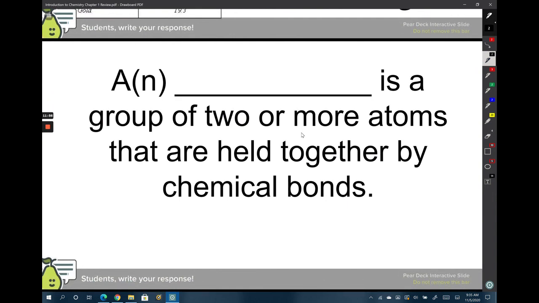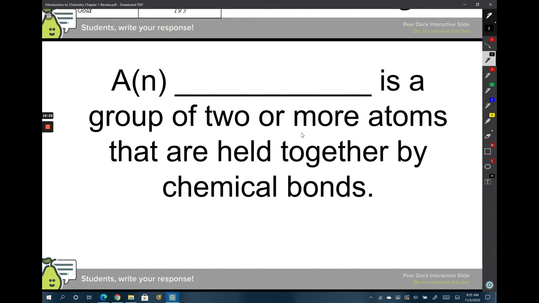All right. Next one. A blank is a group of 2 or more atoms that are held together by chemical bonds. Let me look. Is this a multiple choice for you? Here we go.